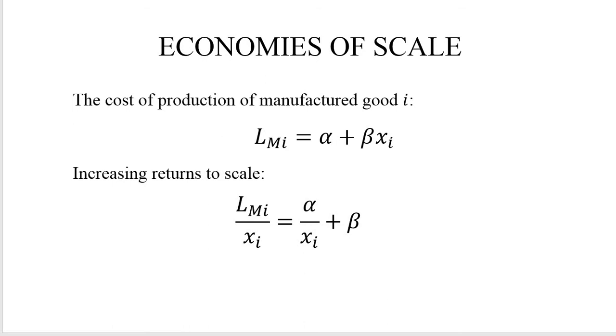So if you divide both sides by xi, you will get per unit production cost expressed as alpha divided by x plus beta. So again, as I mentioned, when volume of production increases, per unit production cost will decrease.